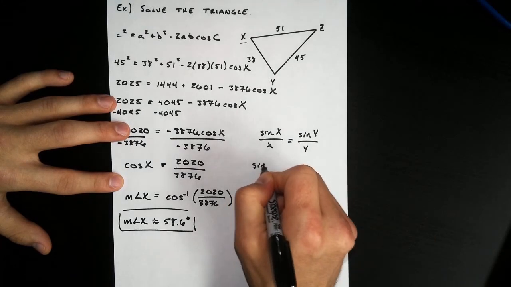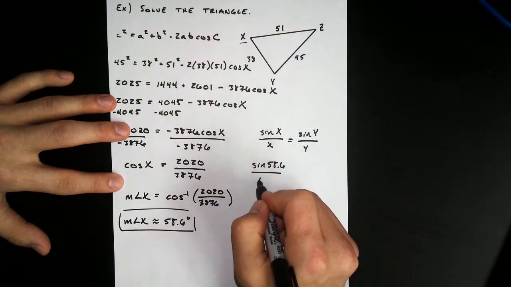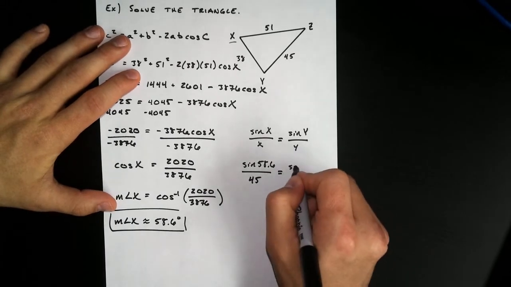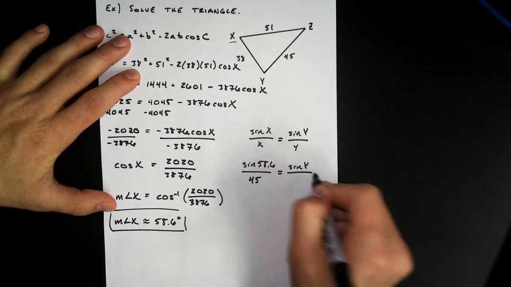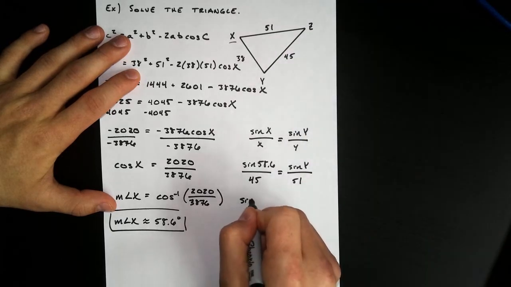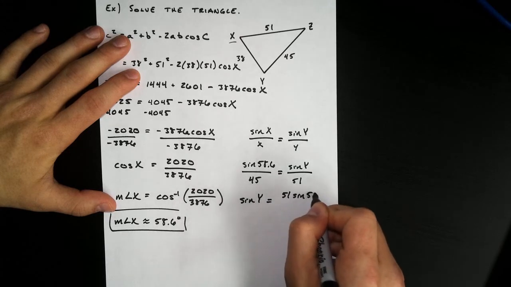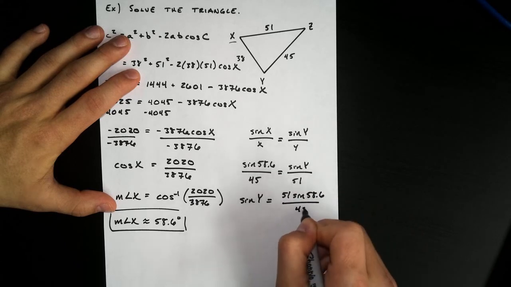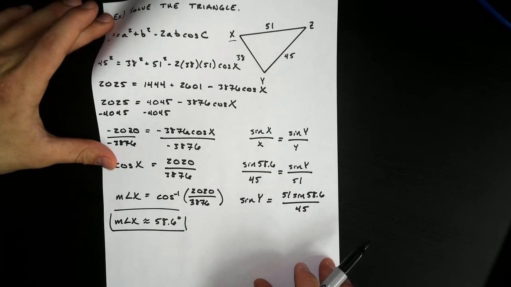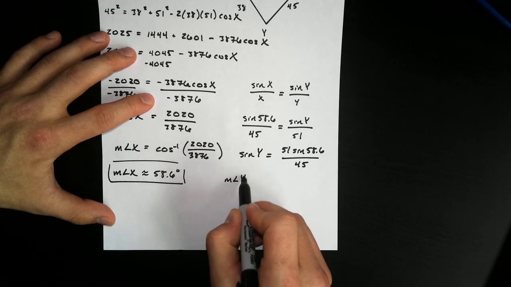So the sine of 58.6, the side across from that is the 45, and then we'll set that equal to the sine of y, which is the one we'll find, and the side across from that is 51. So multiplying both sides by 51 to isolate the sine of y, and then taking the inverse sine of both sides, that is going to give us the measure of angle y.